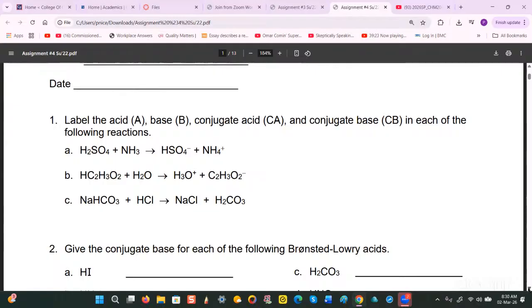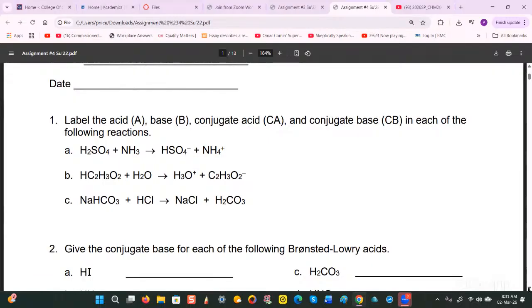And a base is a substance which accepts hydrogen ions from an acid, all right? Now, that's the definition of an acid and base respectively, right? Now, the thing is, when an acid loses a hydrogen ion, the species that is formed is called a conjugate base, right? And when a base gains a hydrogen ion, the resulting species that is formed is called a conjugate acid, all right?